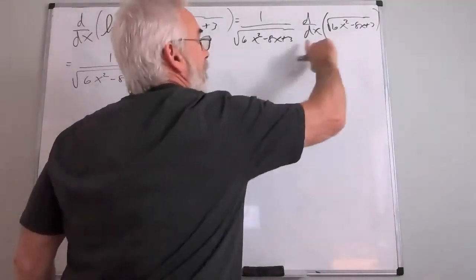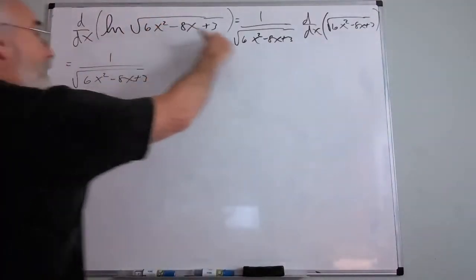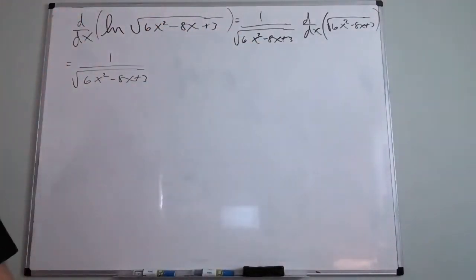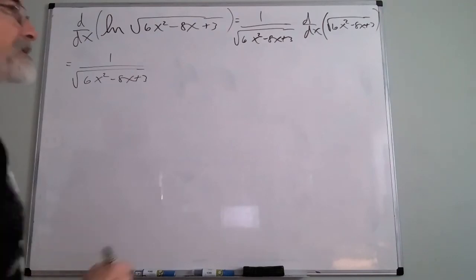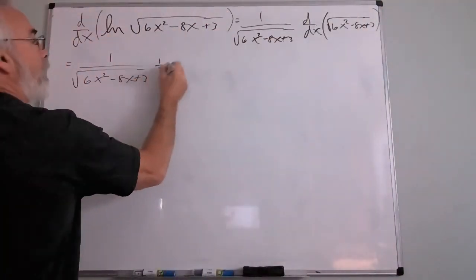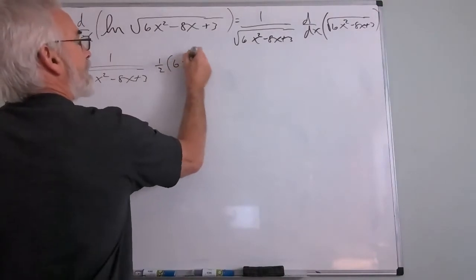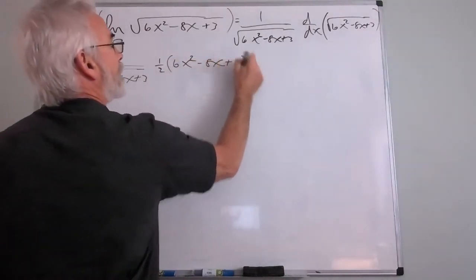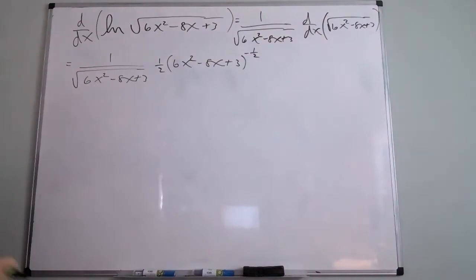Now, what is the derivative of this? See, by simply writing 1 over, I haven't done anything. I'm just writing down what the derivative is. I actually have to take the derivative at some point. So that would be 1/2 times 6x squared minus 8x plus 3 to the negative 1/2. And now I have to take the derivative of the inside.